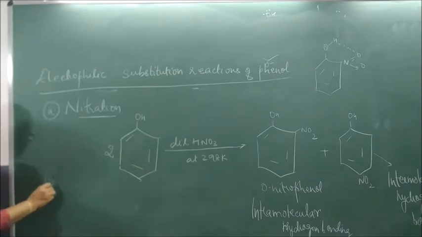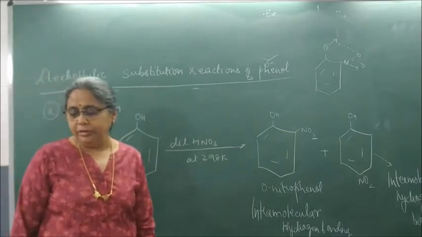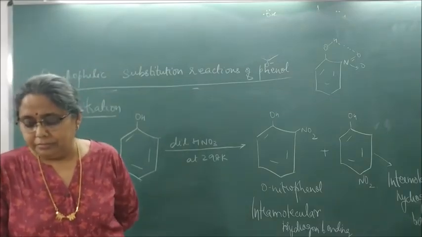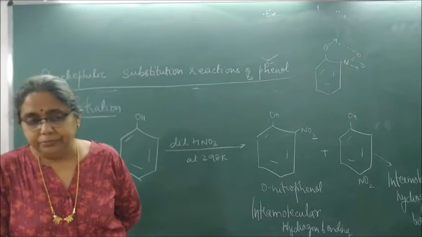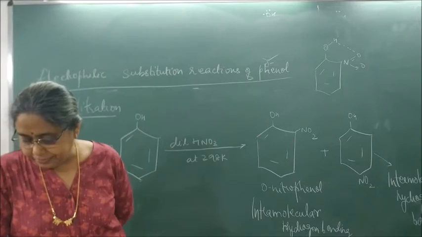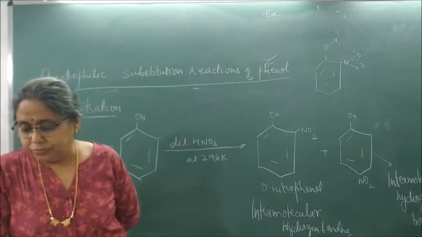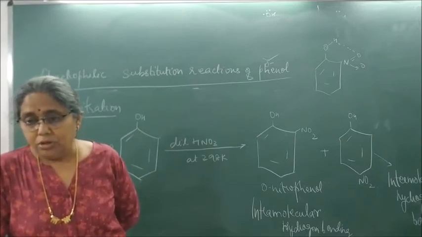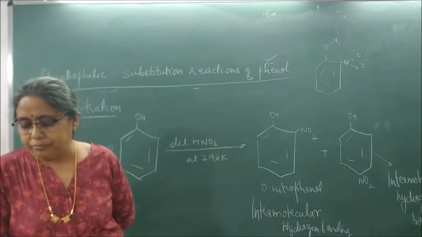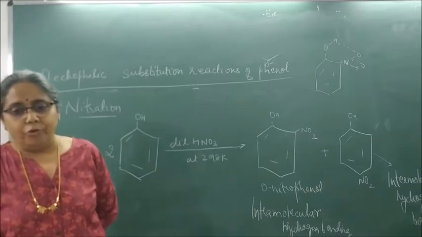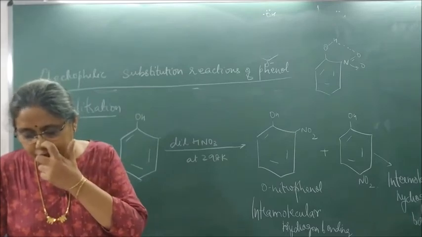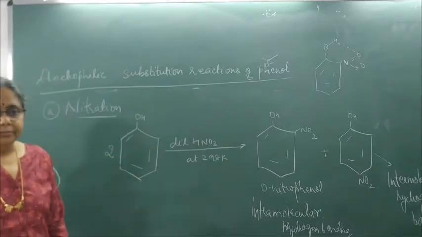Alright, B part. With concentrated HNO3, phenol gets converted to 2,4,6 trinitrophenol. 2,4,6 trinitrophenol, which is called what acid?